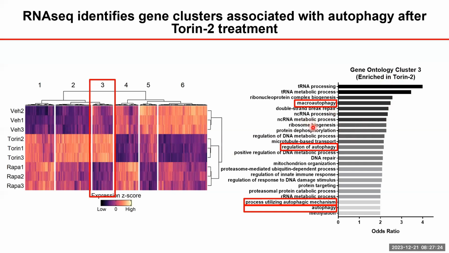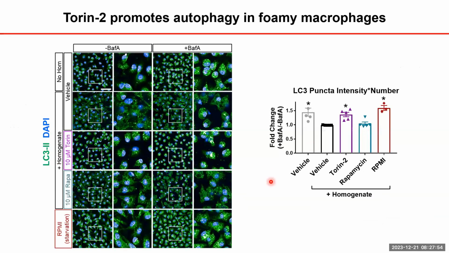There were a lot of RNA processing terms that came up, but what stuck out to us were terms associated with autophagy: macroautophagy, regulation of autophagy, and you see some autophagy down here. So we decided to pursue the possibility that TORIN2 could be promoting autophagy to reduce lipid content in these cells. So Christine did an autophagy assay.